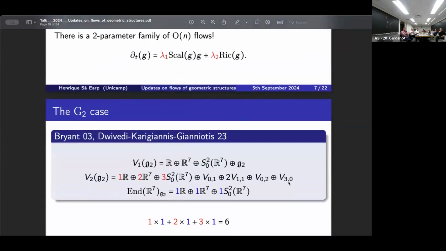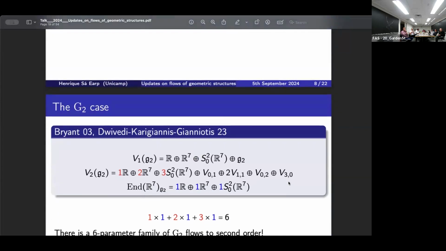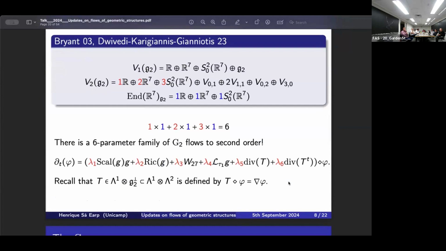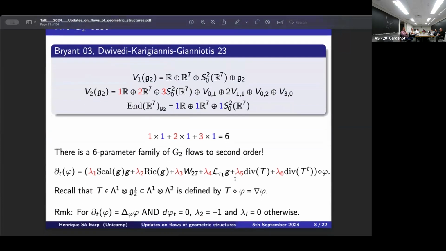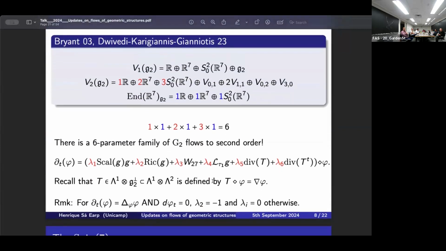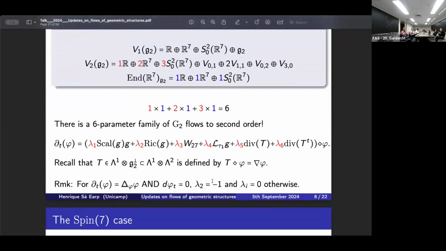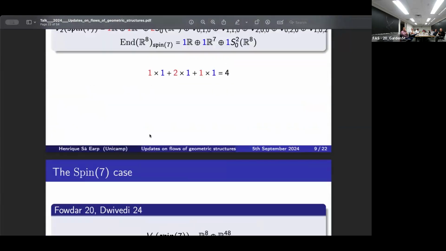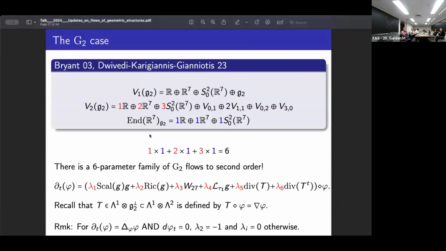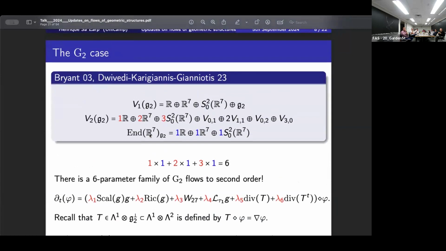The case I'm most interested in is the G2 case, where you have a 6-parameter family for the flow of a G2 structure. The takeaway is that you can take P7, whatever you like, and explicitly construct a family of parameters that describe the flow of this geometric structure. Right now, I've actually implemented this.